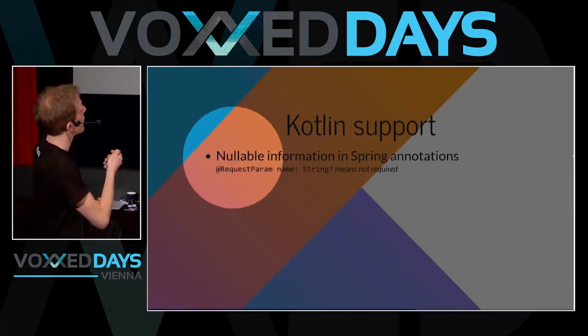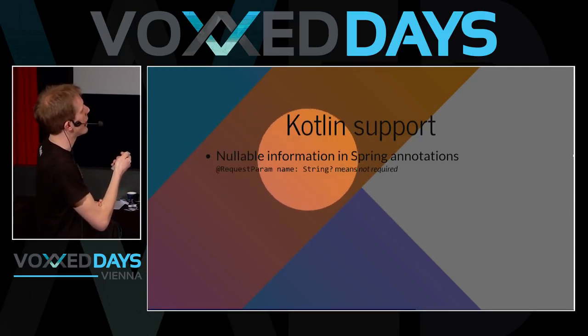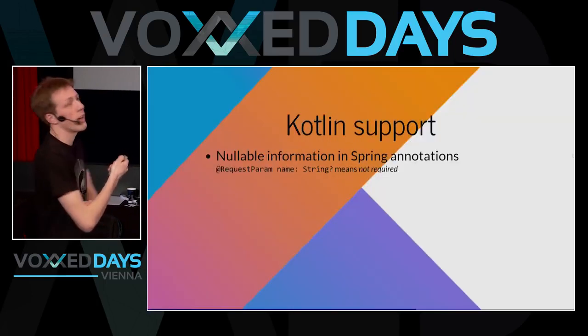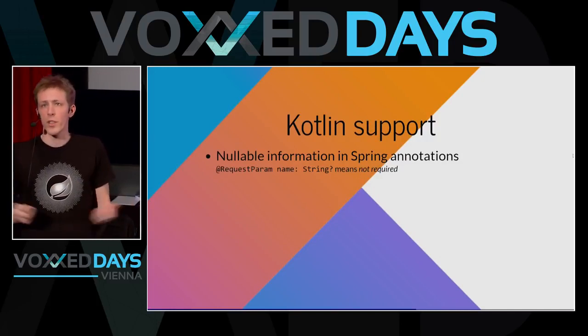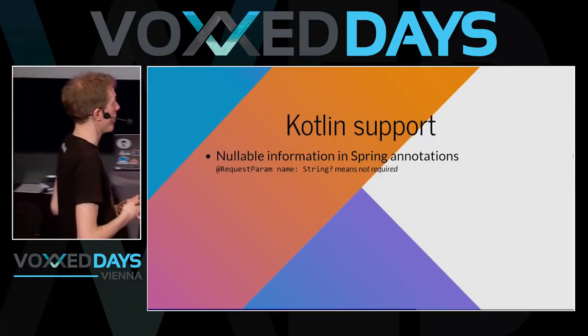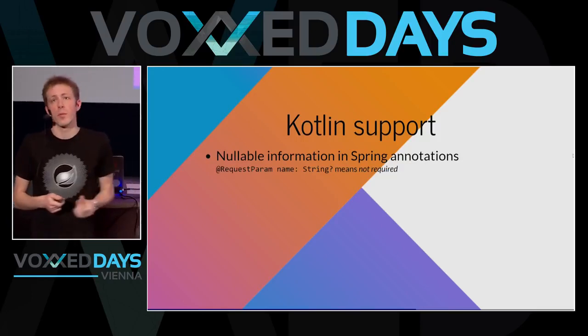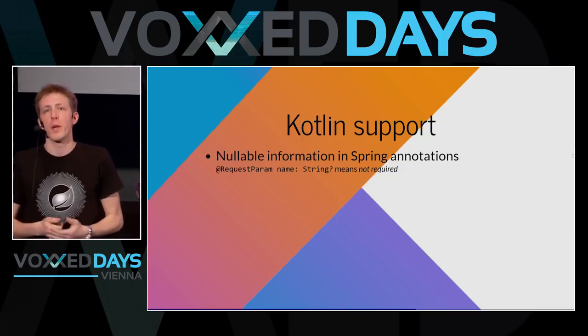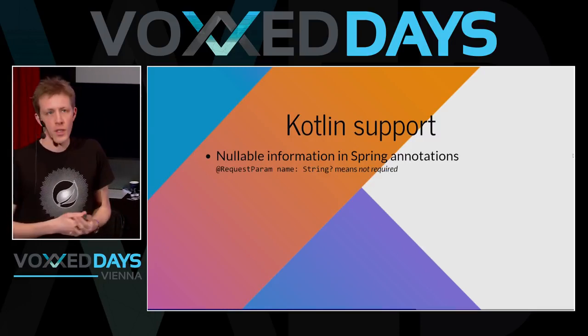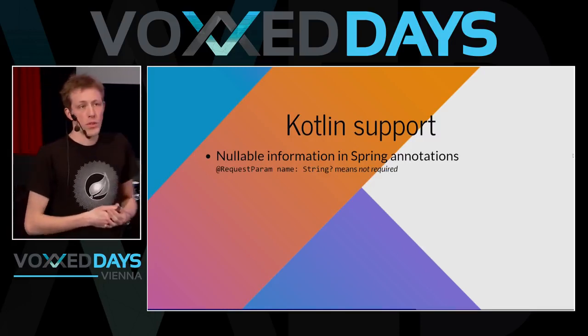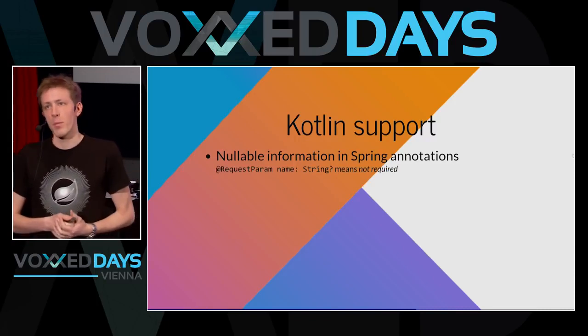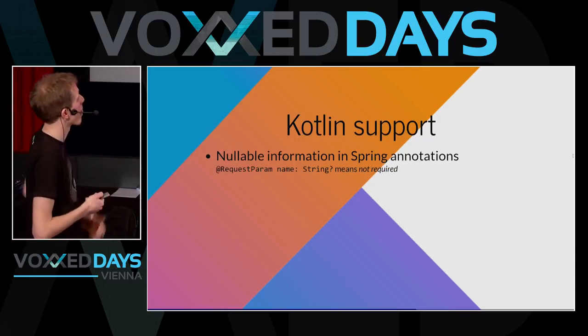You could just say request param name, string question mark. And in this case, it means not required because question mark in Kotlin means that the variable can be nullable, can be null actually. And if you leave out the question mark, it means the request parameter is required. So any request to that URL and you don't supply the name parameter will fail.